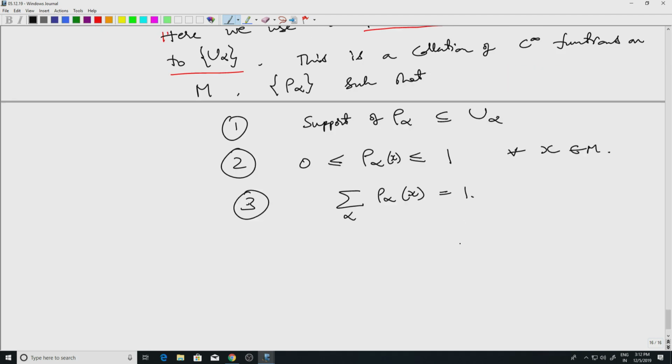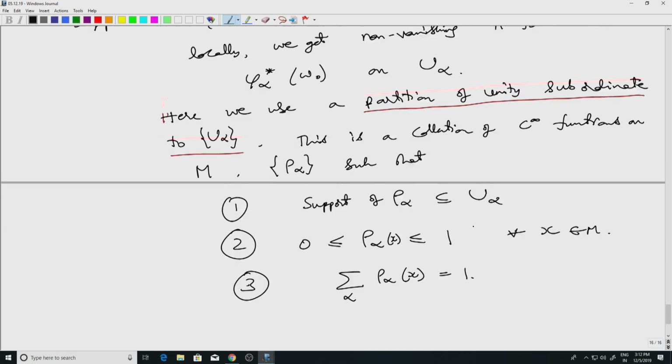Now for this last condition to even make sense, one needs this. First of all, we cannot ensure that the set of indices alpha is countable, let alone finite.